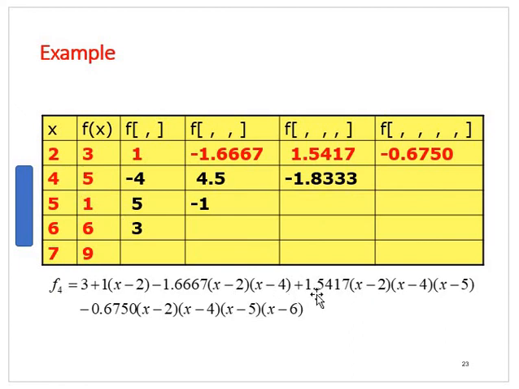So this is 2 plus 1.417 x minus 2 x minus 4 x minus 5, and minus 0.6750 x minus 2 x minus 4 x minus 5 x minus 6.